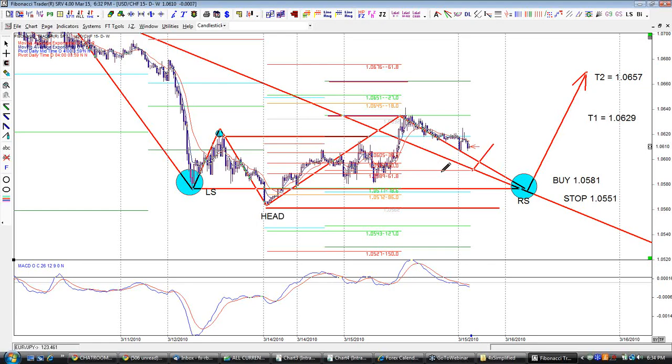We're going down, finding support at the pivot point, retesting this resistance, becoming support, becoming resistance area, and going down to finish the bullish Gartland, 786. The buy level is around 105.80 with stop at 105.50. Targets 106.29, 106.57.